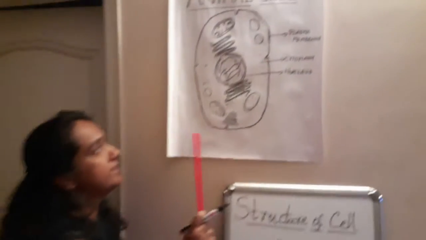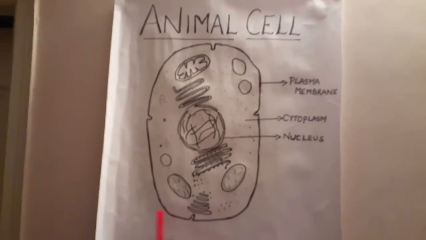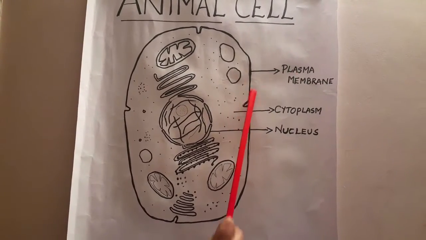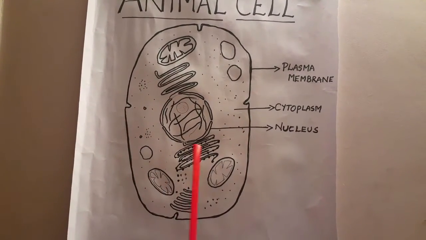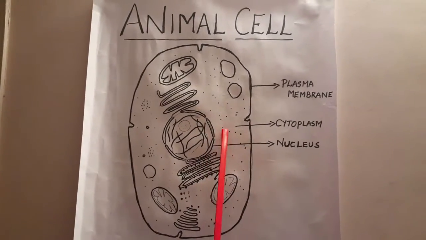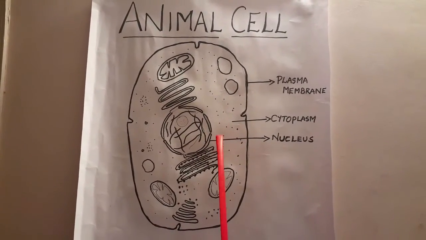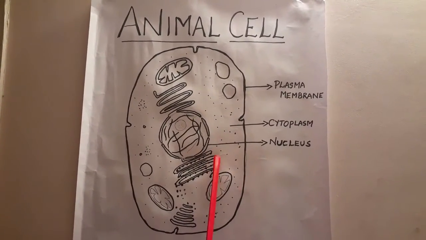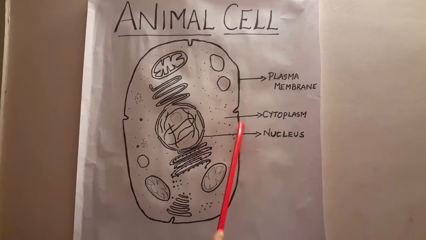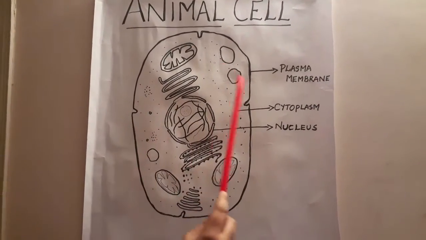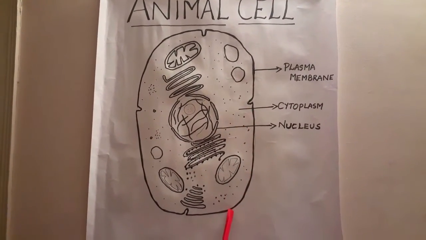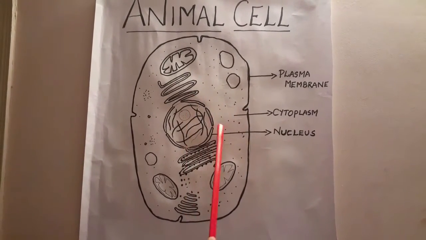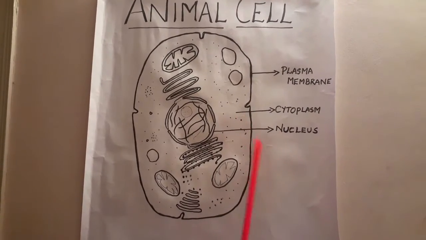When we see this diagram showing the animal cell, the first one is the plasma membrane. It forms an outer covering which separates the inner content from the outer environment. If two cells are there, one cell is separated from the other by the plasma membrane. It is like a boundary-like structure which separates inner things from the external environment.